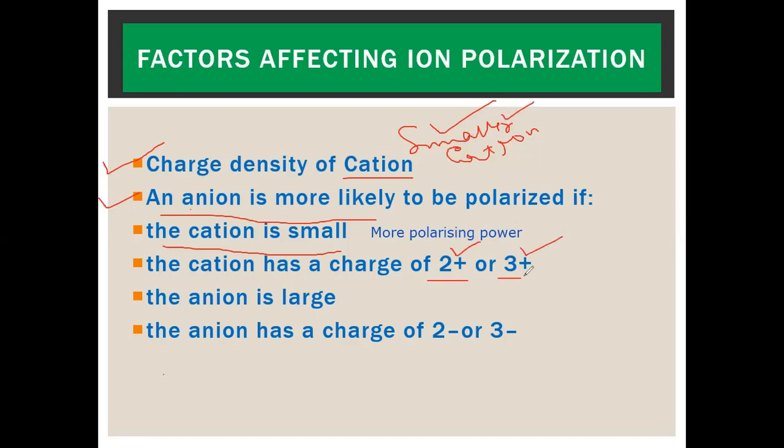And more charge density means more attraction of the cation on the electronic cloud of the anion, and more polarizing power. The lattice will become more unstable, right? Similarly, the charge of the anion affects the polarization, right? So please remember these factors.